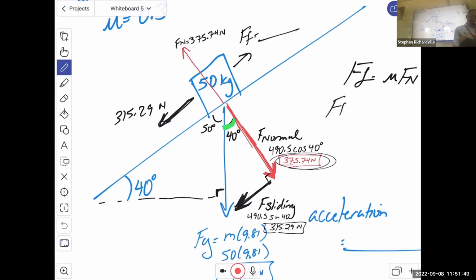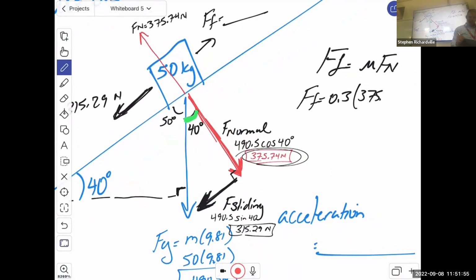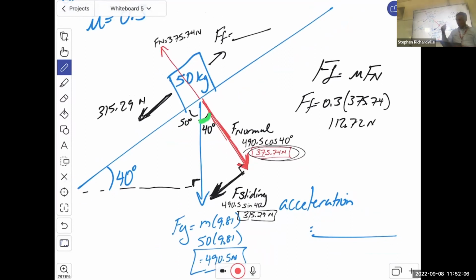Friction is mu times the normal, which is 375.74, which is 112.72, and that's when you really hope that that's smaller than 315, but it is. The friction is 112.7, not 117.